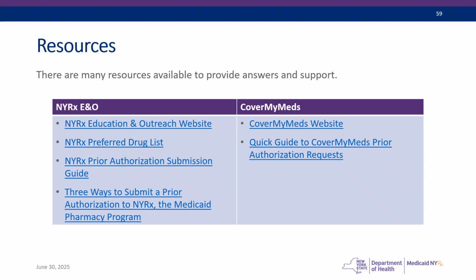For CoverMyMeds, there is the website and the quick guide, which is a how-to guide for electronic prior authorizations via CoverMyMeds. All resources are available on both the NYRx Education and Outreach website and the CoverMyMeds website.